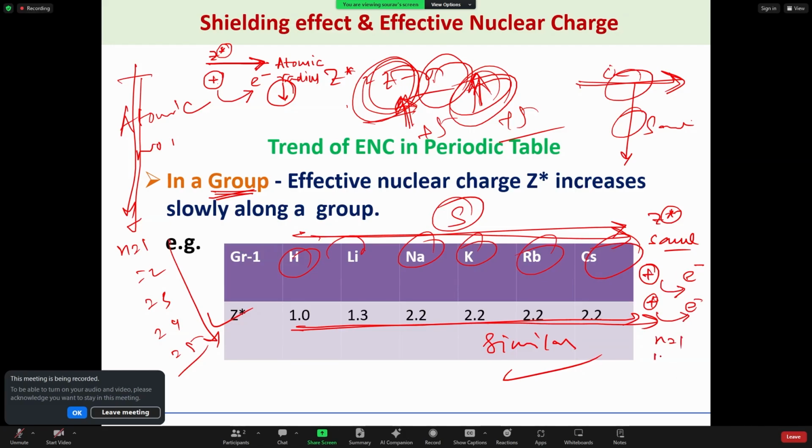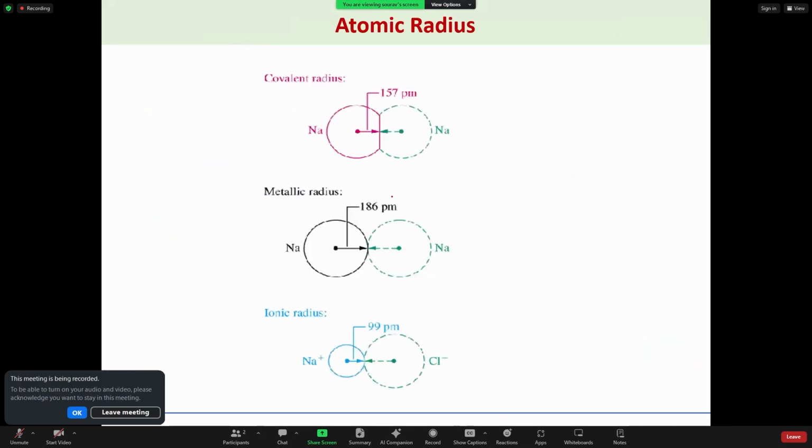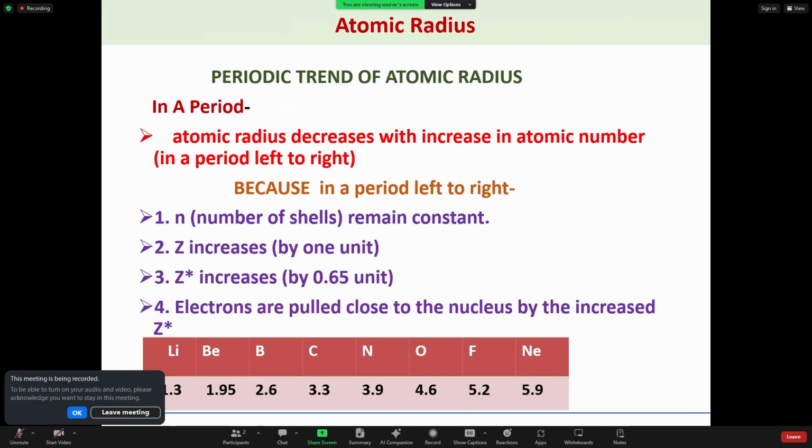The principal quantum number is increasing. When the principal quantum number increases, then automatically the atomic radius value will increase. So this is my second slide: the atomic radius will increase.